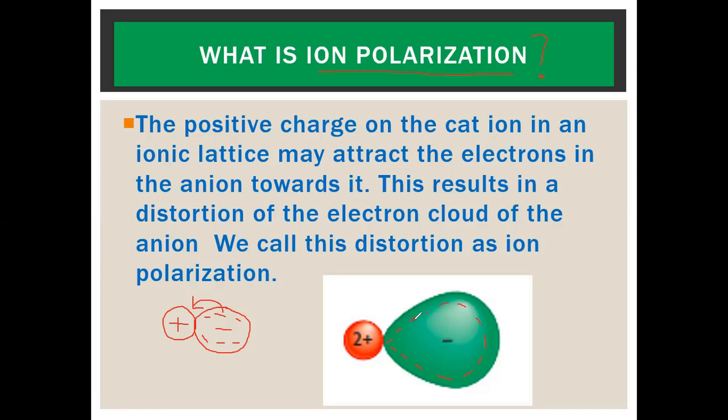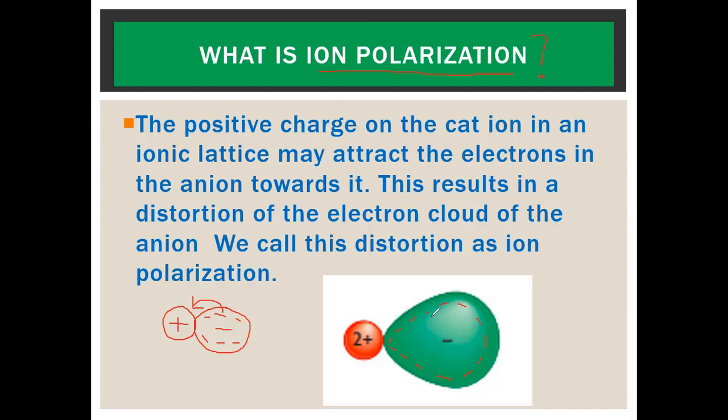Less stable. Absolutely right. So grasp the concept that if a cation is putting more attraction on the electronic cloud of the anion, there will be more distortion and more disintegration, right? I hope you are understanding.